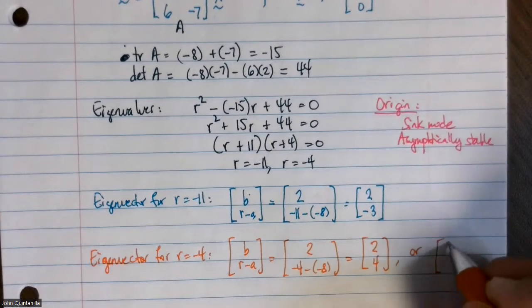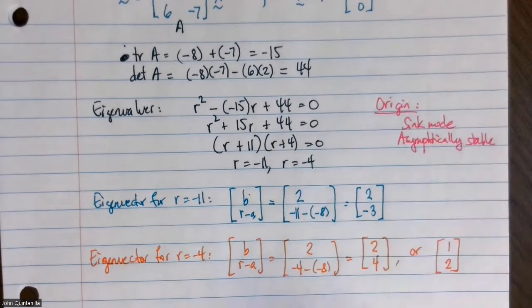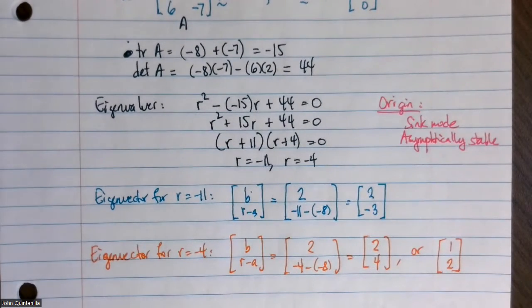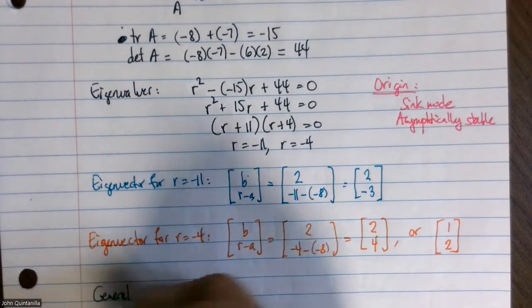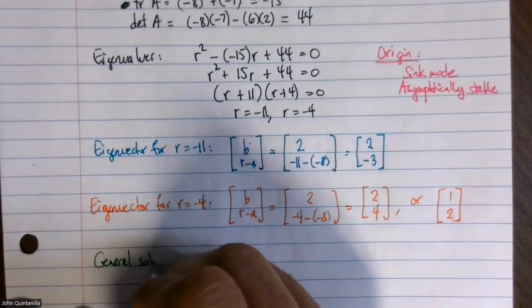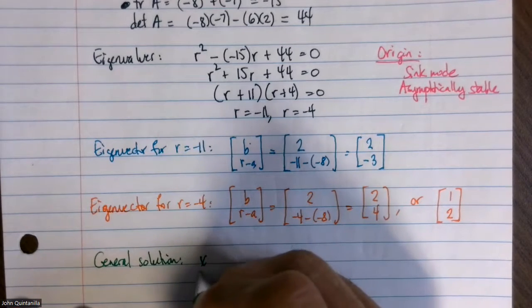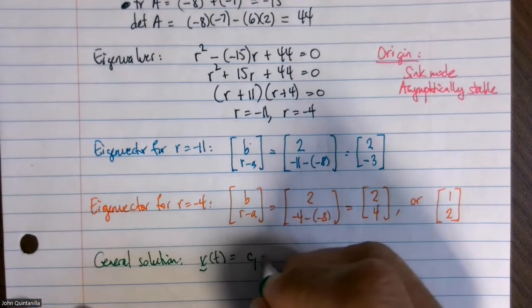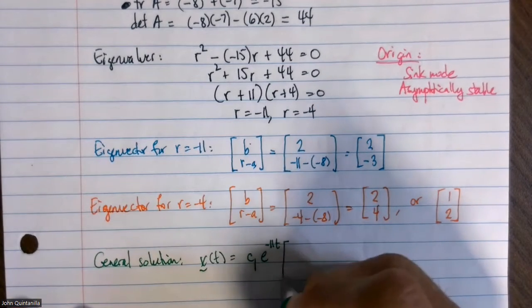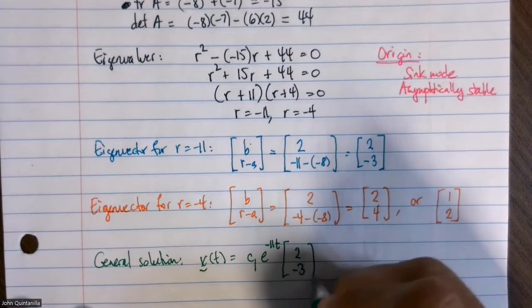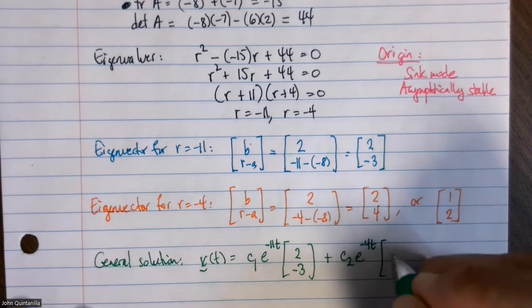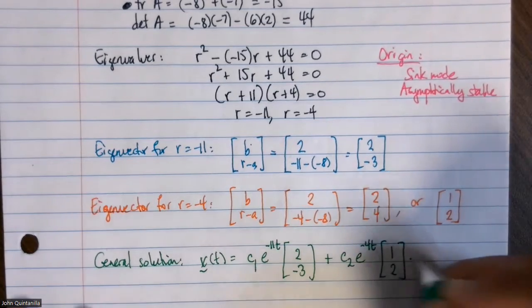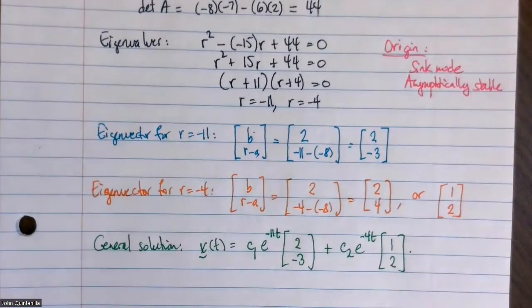And so let me take the somewhat simpler constant multiple of 1, 2. And so from this work, I conclude that my general solution is going to be x of t equals c1 e to the minus 11t times (2, -3) plus c2 e to the minus 4t times (1, 2). And so that'll be the general solution.